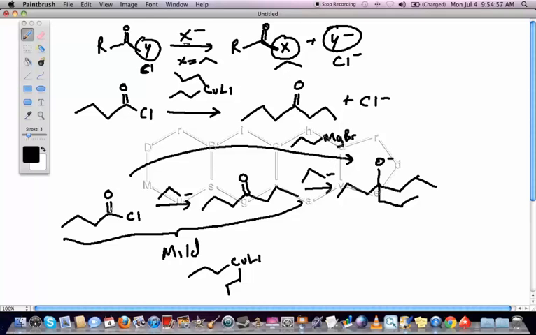What it will do is form the ketone first by attacking with the negatively charged carbon, then another equivalent of this will come in and attack the ketone and produce a fair amount of this tertiary alcohol. If we just use the organocopper lithium reagent, however, we end up just getting the single ketone without any more negatively charged carbons coming in and producing the tertiary alcohol like the Grignard reagent does.